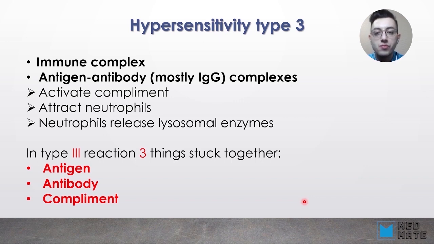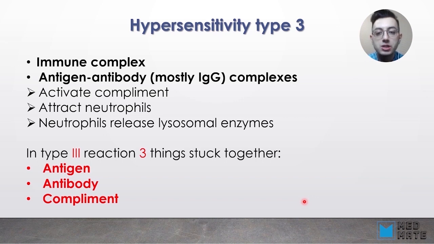Neutrophils release lysosomal enzymes, which leads to destruction of the tissue. The difference between type 2 and 3 is that in type 2, antibodies directly attack the tissue, but in type 3, immune complexes, antigen-antibody complexes, are formed and deposited in the tissue, which later leads to complement activation.